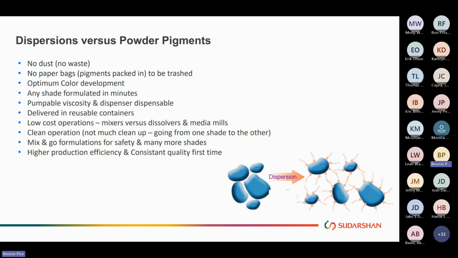In this case, you really only have a tank to clean versus the cleanup of a media mill. It allows for more of a mix-and-go formulation, with the ability to reach a lot of shades of color. It also offers higher production efficiency and, more importantly, very consistent, first-time quality.